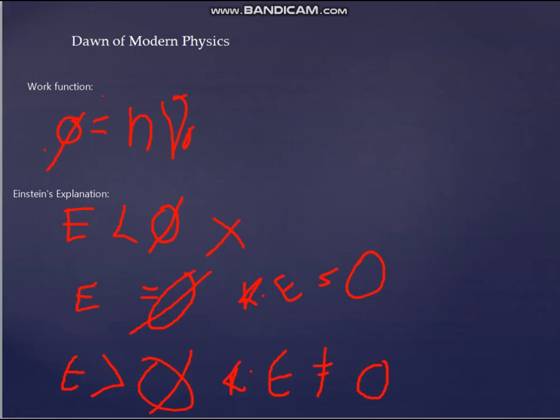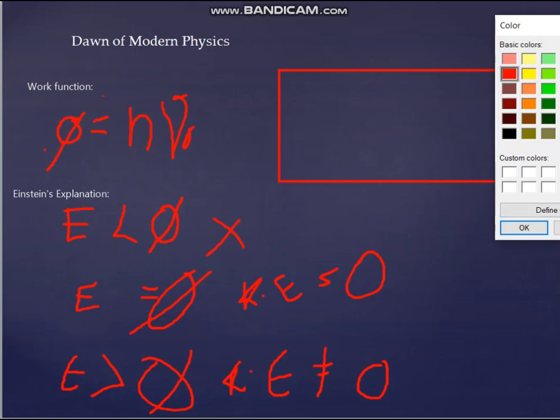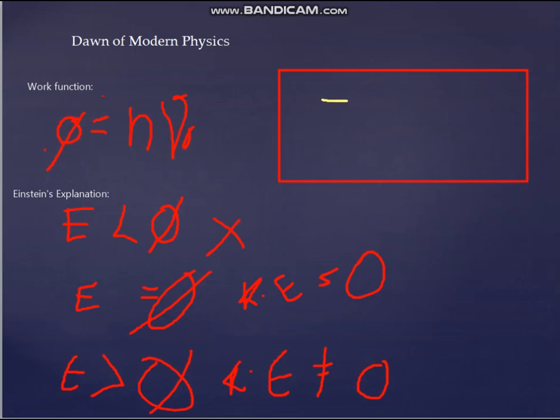So the total energy of a photoelectron should be represented by this equation that I'm going to be writing in this box. I write it with a different color, so it will be more focused.